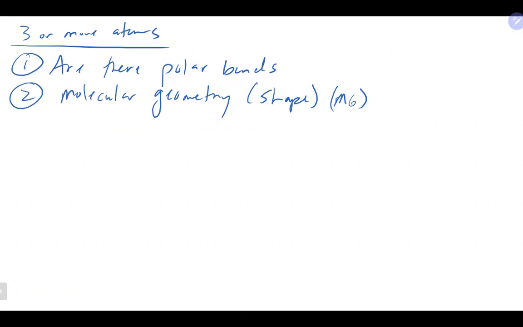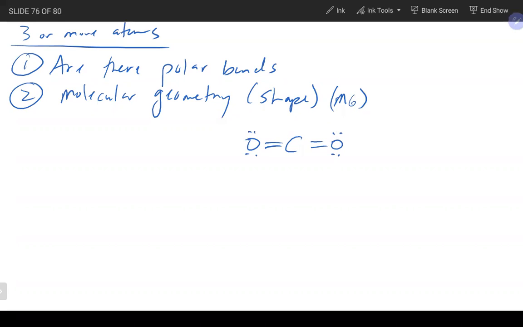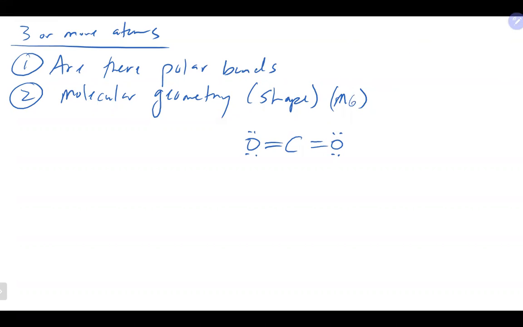So for example, if we look at something like CO2, and we draw it, the bond between carbon and oxygen, is it polar or non-polar? It is polar.